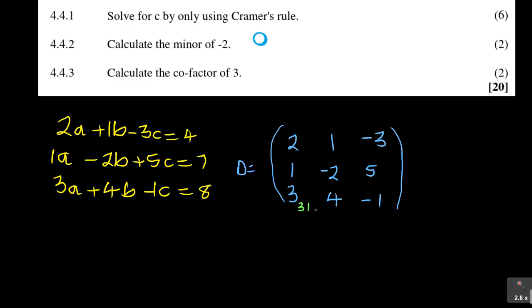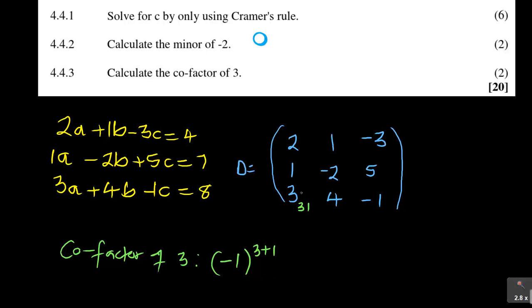So it's 3, 1. Now if they want me to find the cofactor of 3, it will be equal to minus 1 to the power 3 plus 1. Remember the position that it is in, and then you multiply by the minor of that 3.